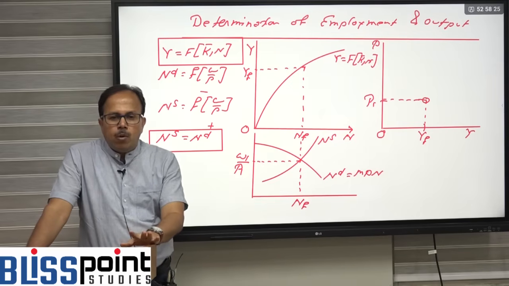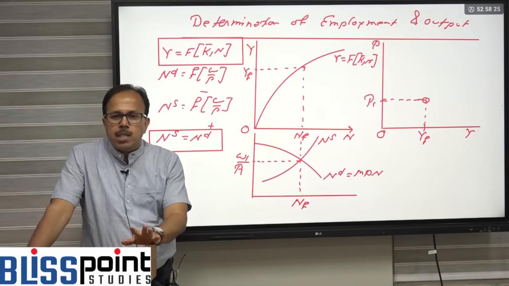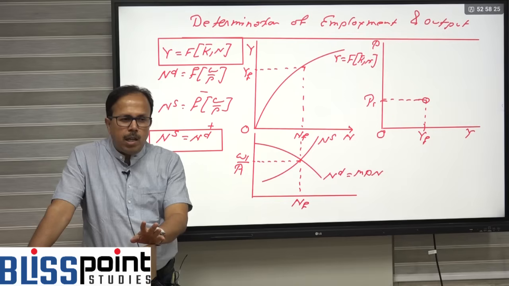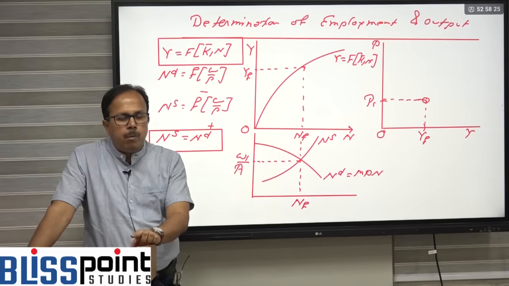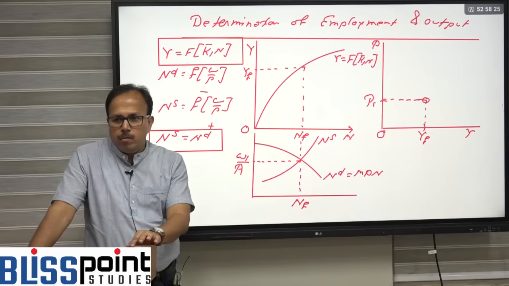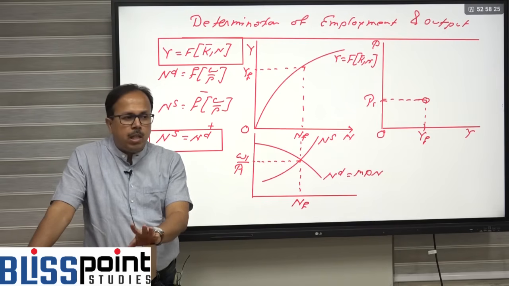And just now recall the meaning of the term classical dichotomy. What is the meaning of classical dichotomy? No relation between real and nominal. A change in nominal will affect other nominal variables but not any real variable.